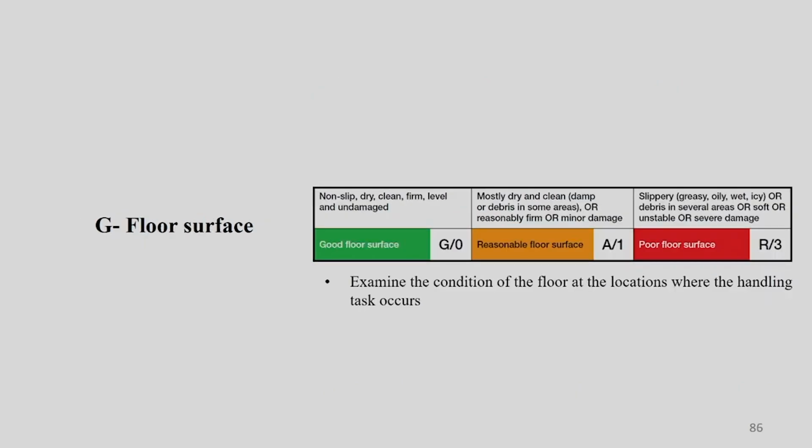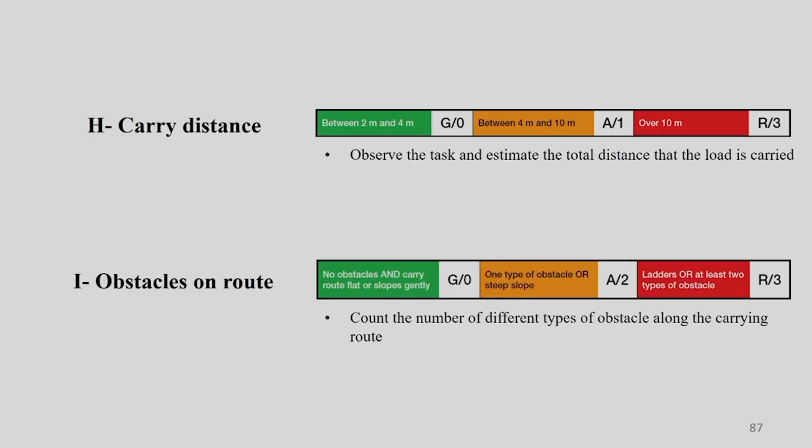Floor surface, again very similar: it is non-slippy, no grease, nothing, dry, clean, firm and level and undamaged, then it is G, means green and 0. Then reasonable floor surface, then A, amber or 1, and poor floor surface, that is red and 3. Fine. So this is floor surface.